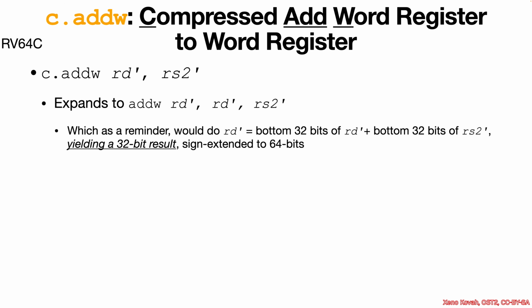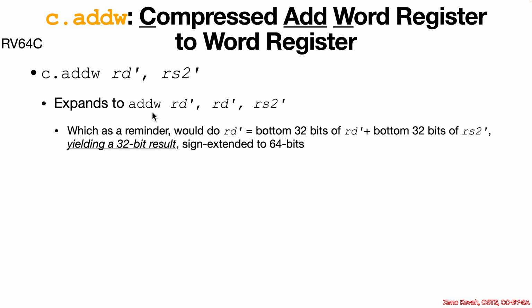And then moving back to before we learned about sext, we had the add W instruction. We just learned about it. This is now the compressed add word register to word register. So add IW versus add W, they're all just additions on word registers. One of them is a register to register add, and one of them is an immediate to register add. This is the register to register. So it is giving us a destination and a source. They are destination prime, source prime.